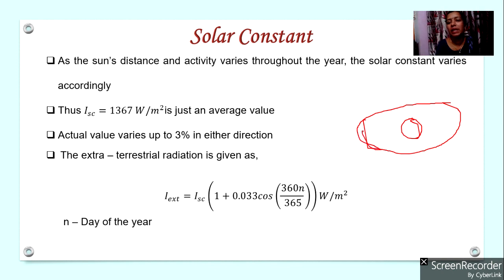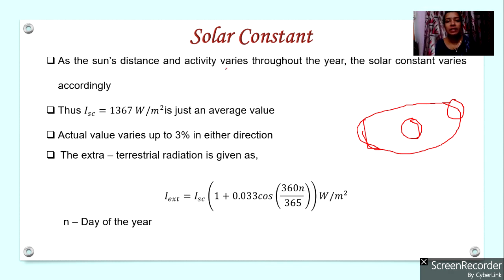So this is our earth. If earth is here, the distance between sun and earth will be high, and when earth revolves around the sun and comes at this point, the distance is less. So more energy will be received at that time, like that.